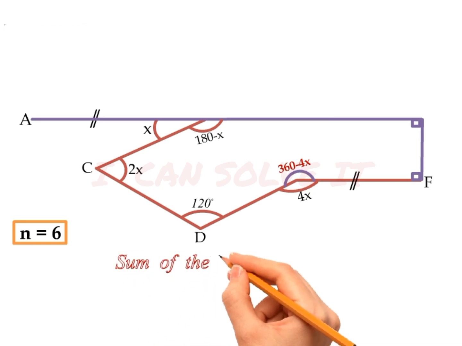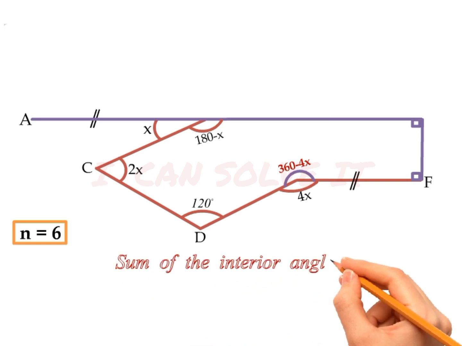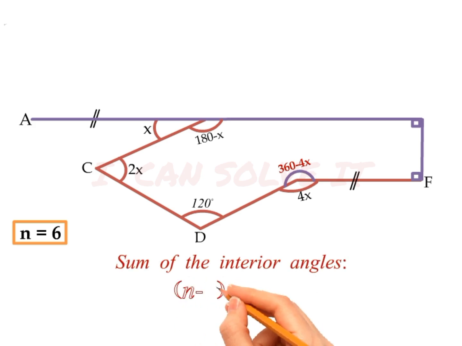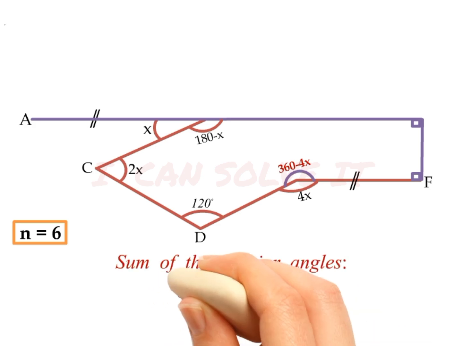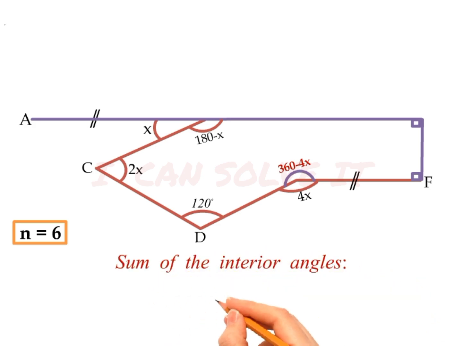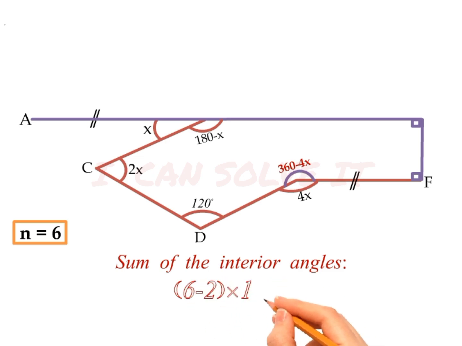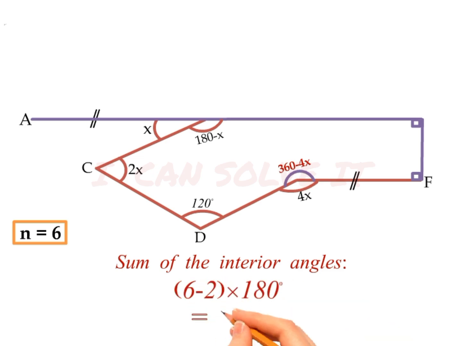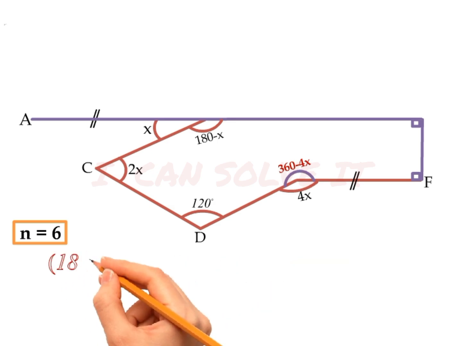We apply the sum formula again, to get the sum of the interior angles of this 6-sided polygon, or just say hexagon. This gives 6 minus 2 times 180 degrees, which equals 720 degrees. We now take the sum of each angle and equate it to 720 degrees.